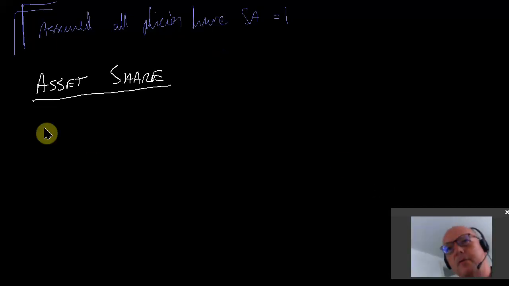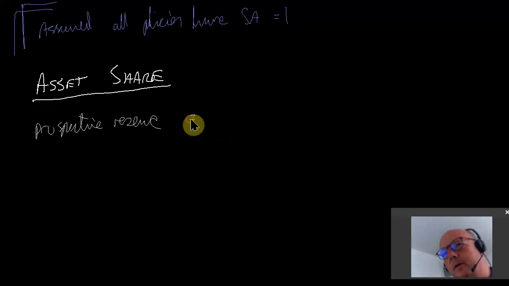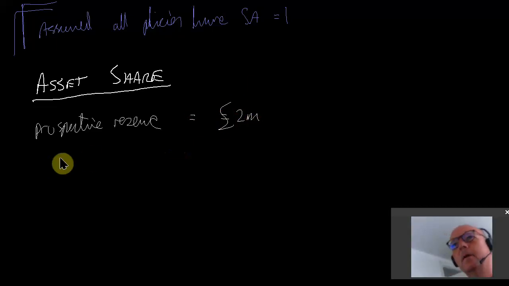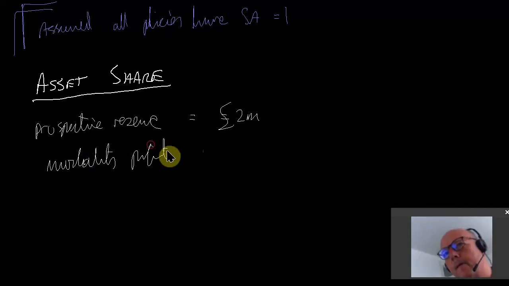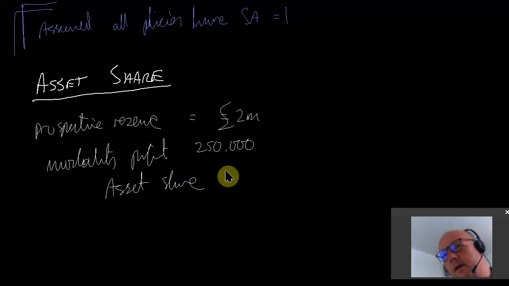So if your prospective reserve is equal to 2 million and you made a mortality profit of 250,000, then your asset share is 2.25 million.